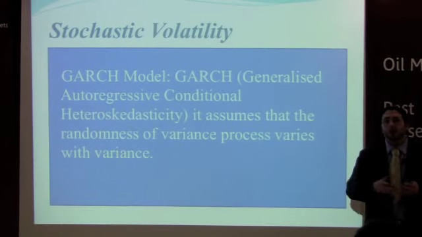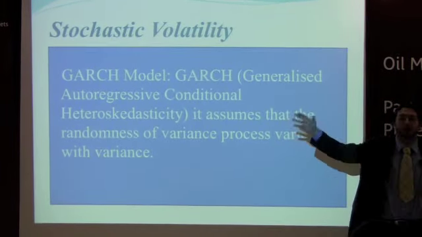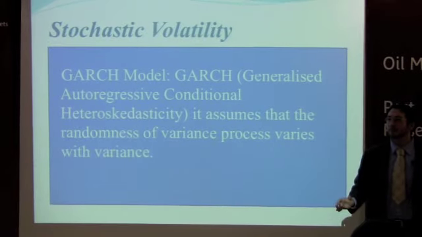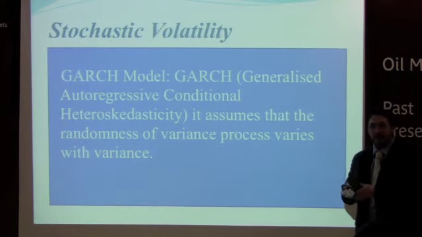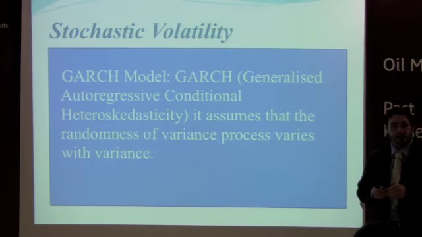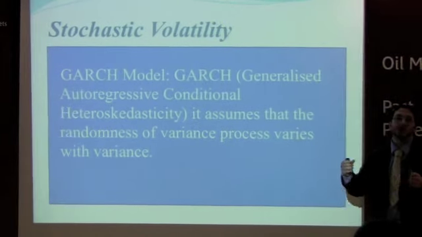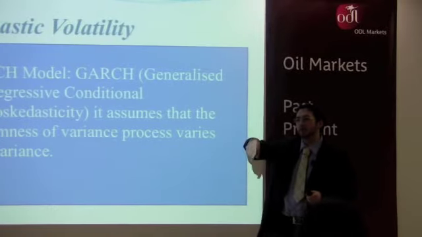Heteroscedasticity means, are returns following a long-run average mean, or are they just spread out like this? If they follow a long-run average, it means there is a long-run average volatility in the market. If the correlation is very strong, volatility is going to fluctuate within certain boundaries.